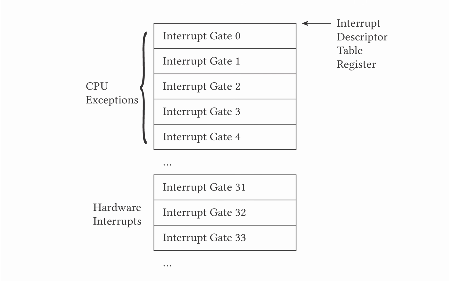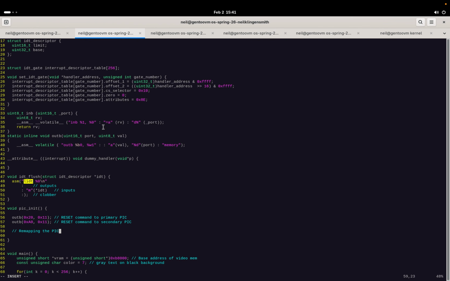And when that happens, the 386 will read interrupt gate number 33 out of its vector table, or its descriptor table, whatever they call that. So we need to remap the PIC. Basically, we just need to tell the PIC that it needs to add an offset to the interrupt numbers every time it gets an interrupt.